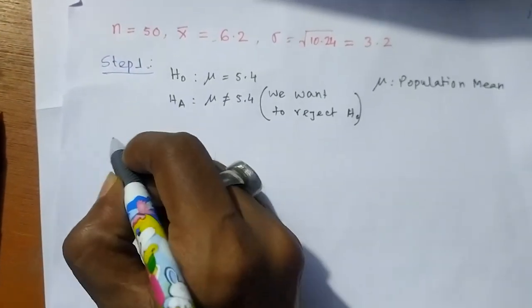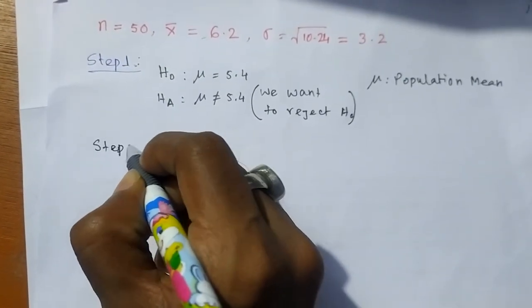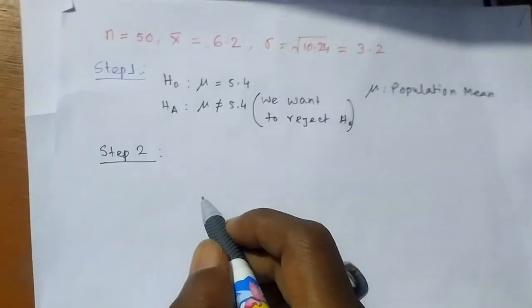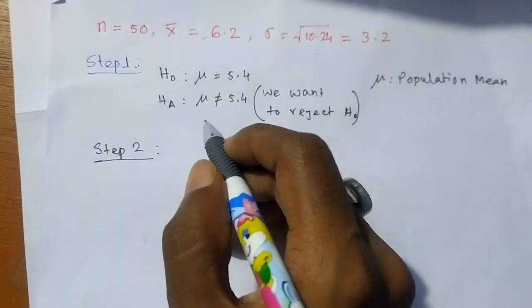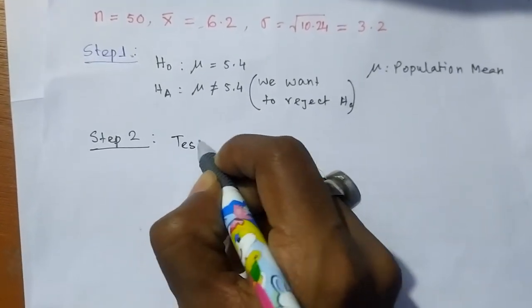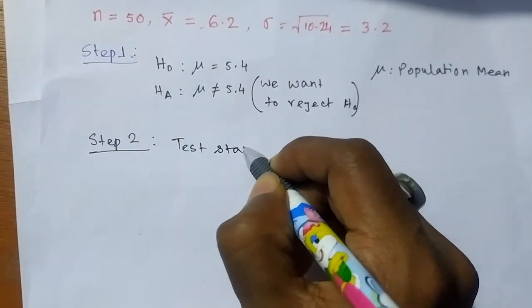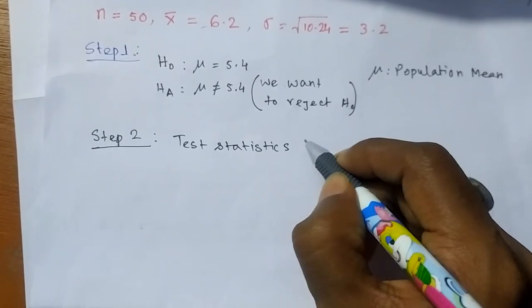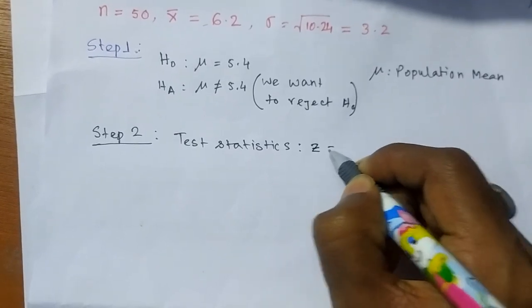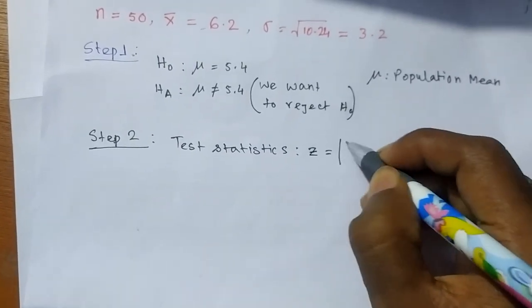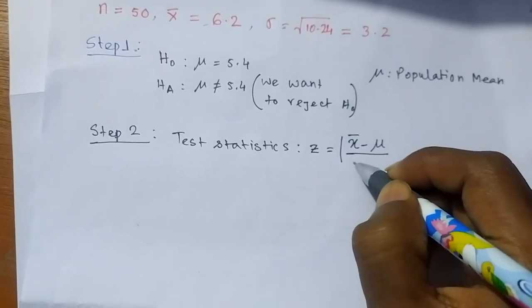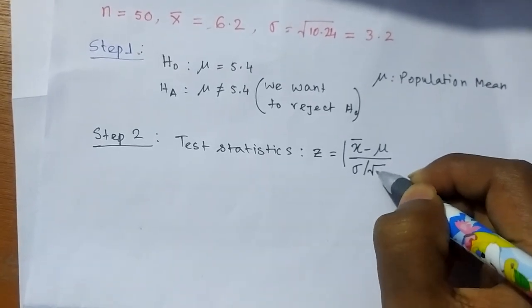So step 2 is to define the test statistic. The test statistic here is Z. The formula for calculating Z is x bar minus mu divided by sigma by square root of n.